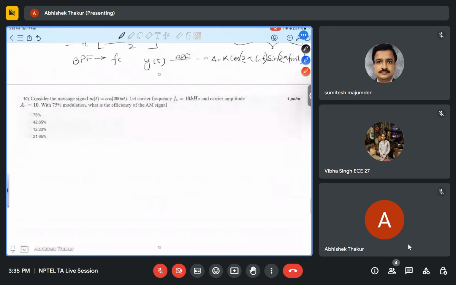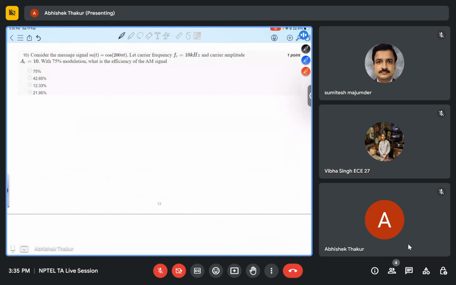Okay, so now we'll move on to the 10th question. Consider the message signal m(t) equal to cos 200 pi t. Carrier frequency fc is equal to 10 kilohertz and carrier amplitude Ac is equal to 10. Modulation index is 0.75, that is 75%.